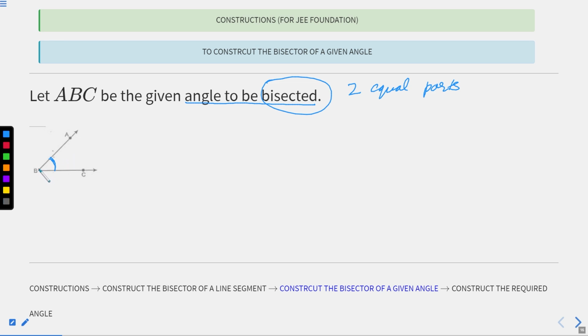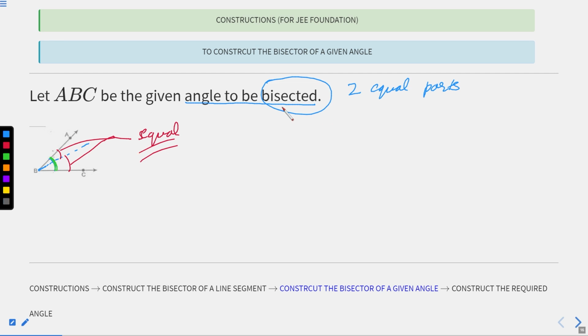We have to draw a line or a ray originating from B in such a way that the line breaks this whole angle into two parts, such that this part and this part must be equal. Okay, I hope you understood the question. So let's see how we are going to do it. Let me give you a rough idea, and then we will see step by step.